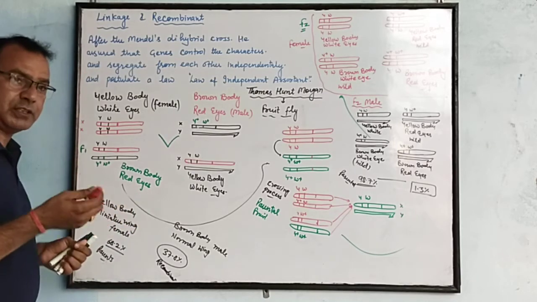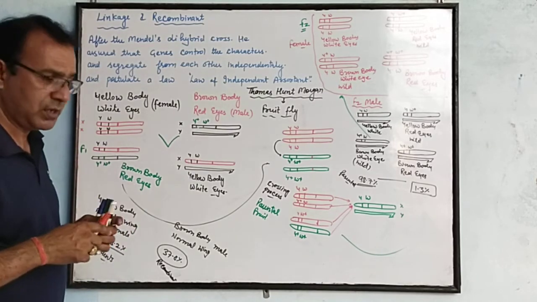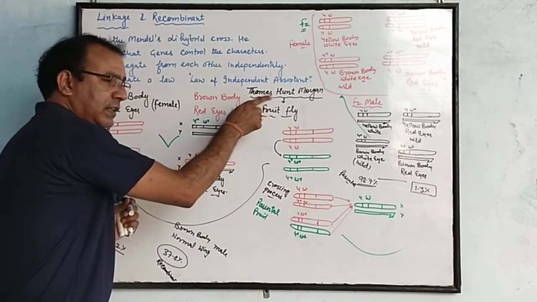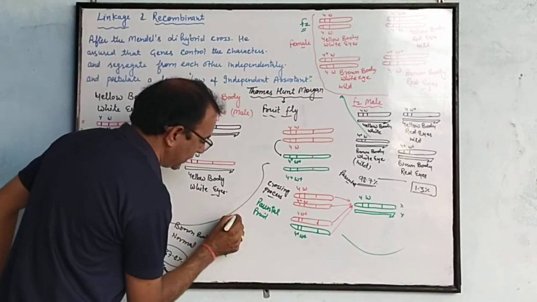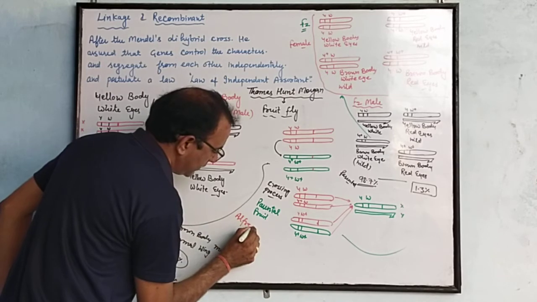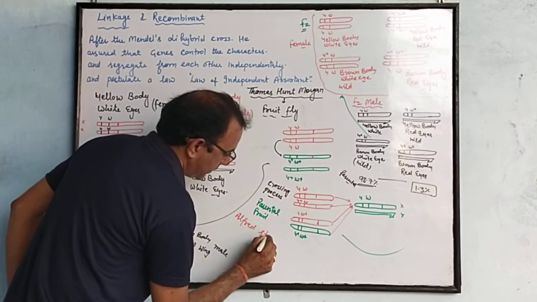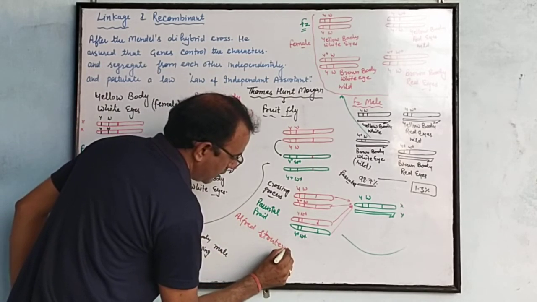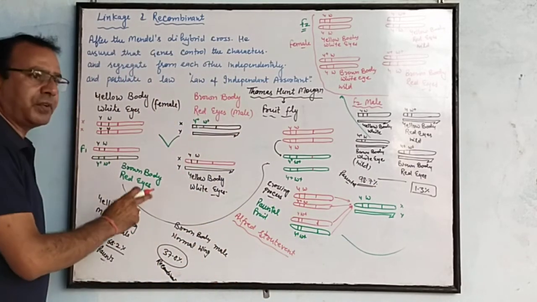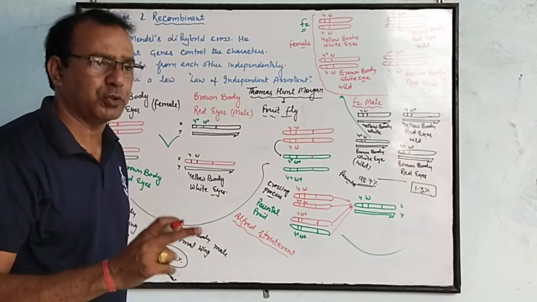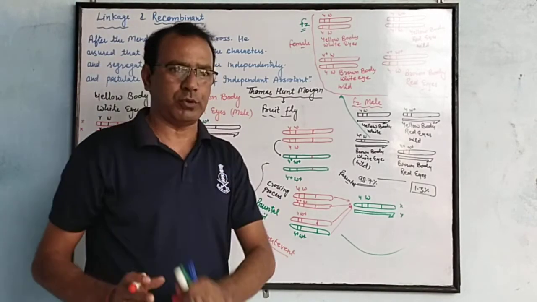But how are the genes present on chromosomes? Morgan's student Alfred Sturtevant showed that these different possibilities of recombinants are due to the position of genes on the chromosome.